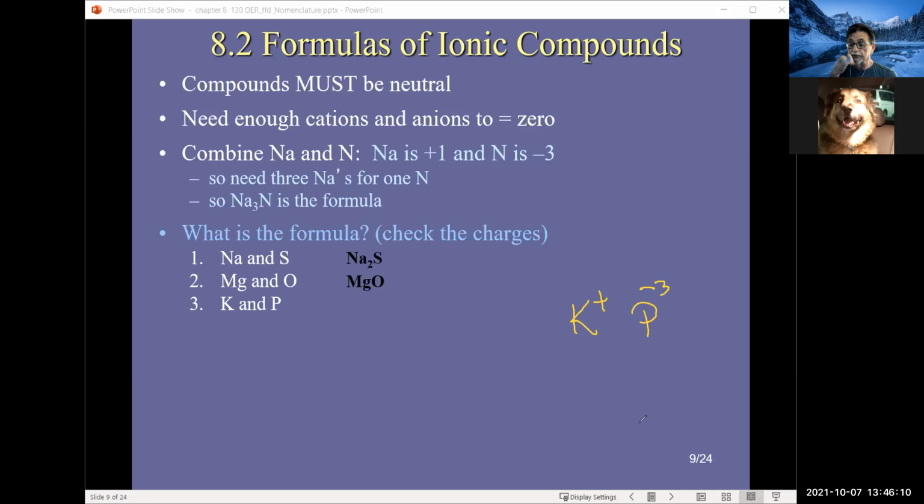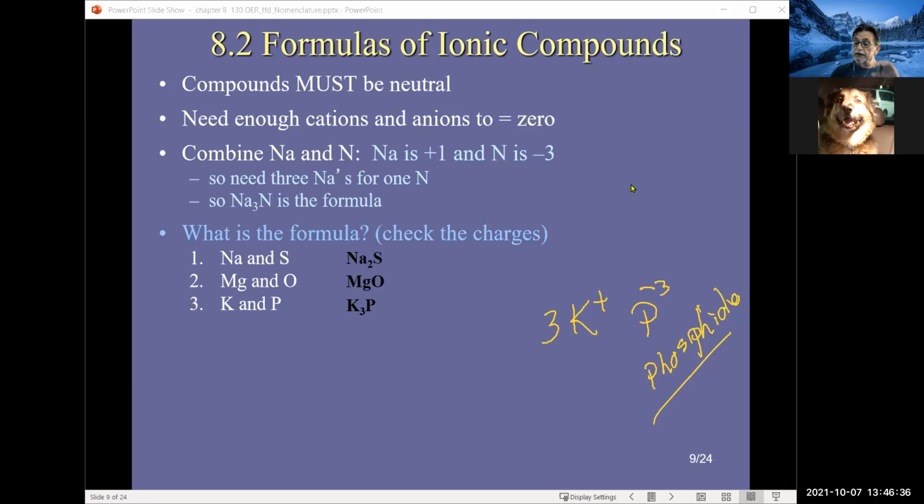It's going to pick up 3 electrons and becomes phosphide, name-wise. The potassiums are each +1. That means I need 3 of them to cancel the -3 of the phosphide. So my formula is K3P.